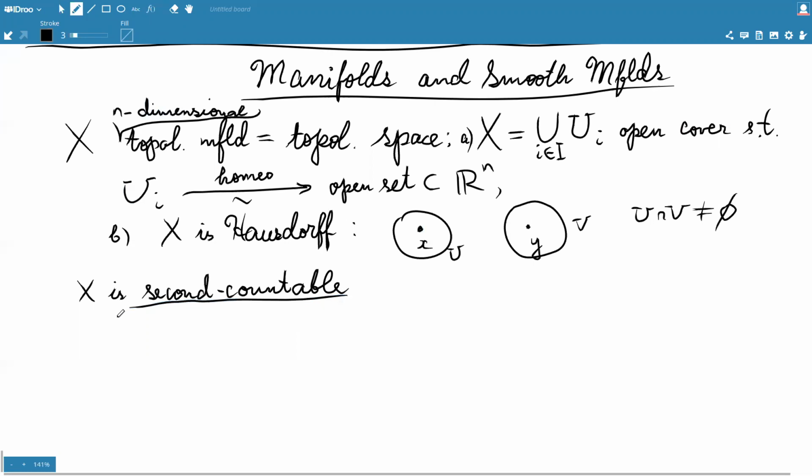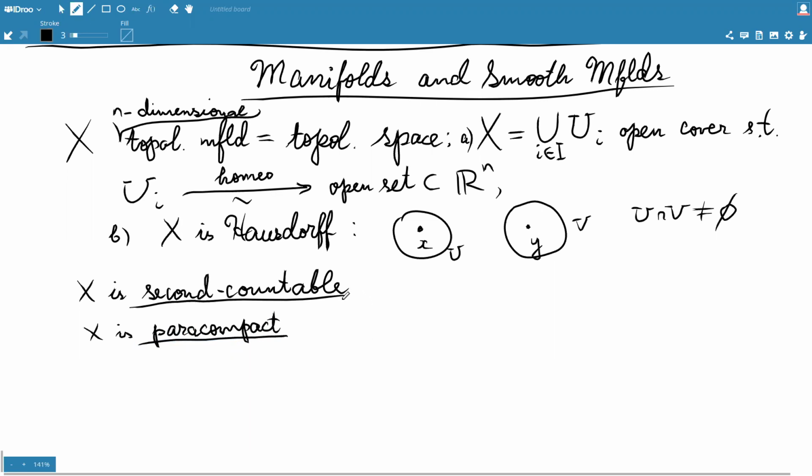Or otherwise, the assumption on X is to be paracompact, say. But all of them are necessary for doing the partition of unity.